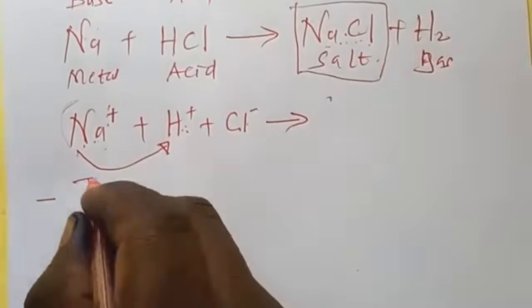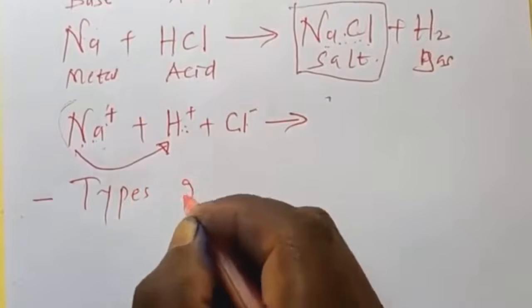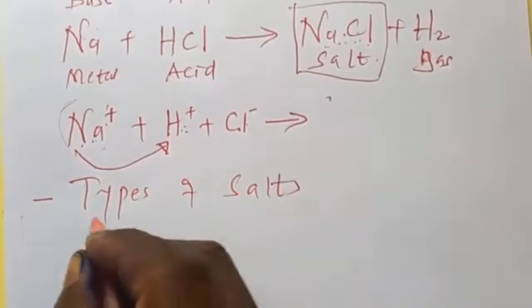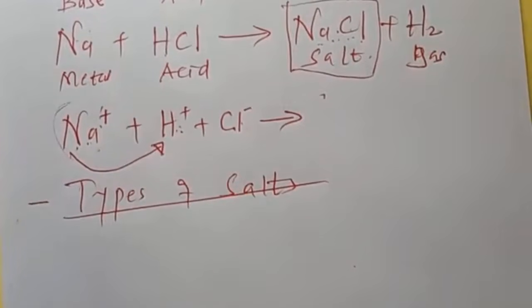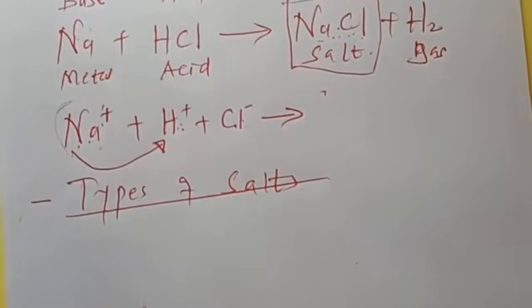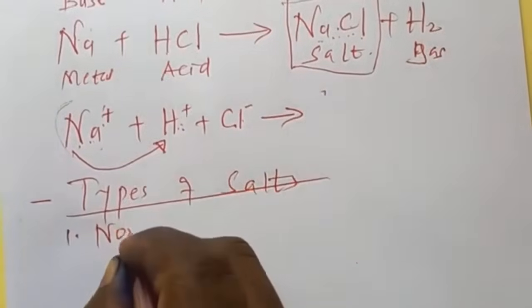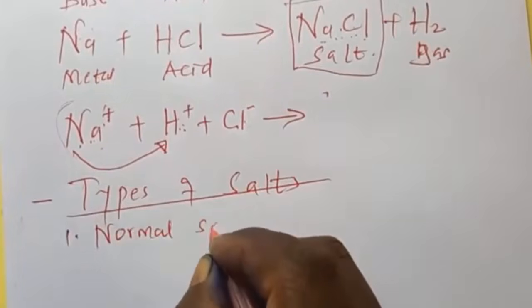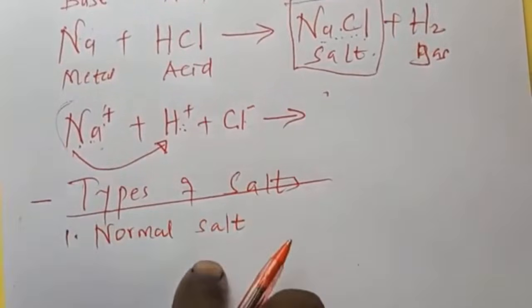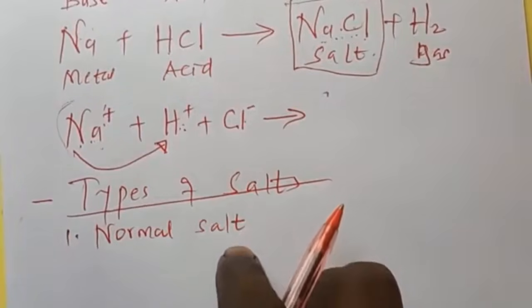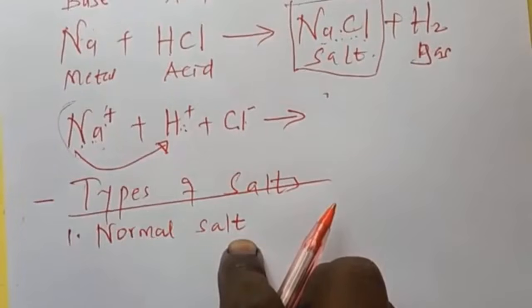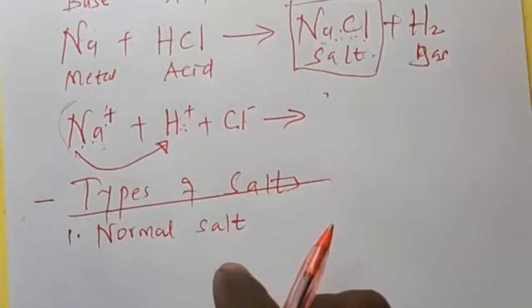We have different types of salts, actually 4 types of salts. We have number 1, the normal salt. A normal salt is a salt which does not contain any replaceable hydrogen in it.